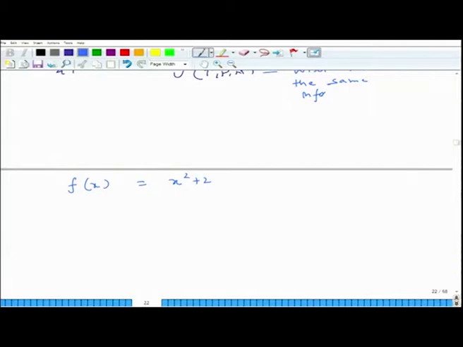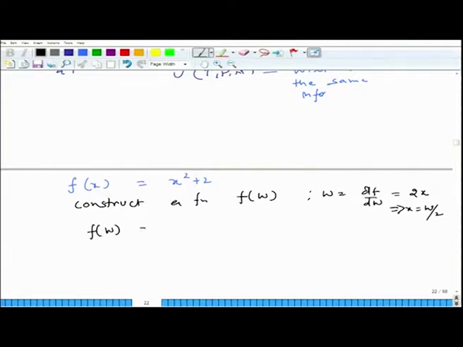Now we are going to construct a function f of w, such that w is the derivative of f. So w is df by dx, which is nothing but 2x, or this means x is w by 2. So f of w is going to be w squared by 4 plus 2.